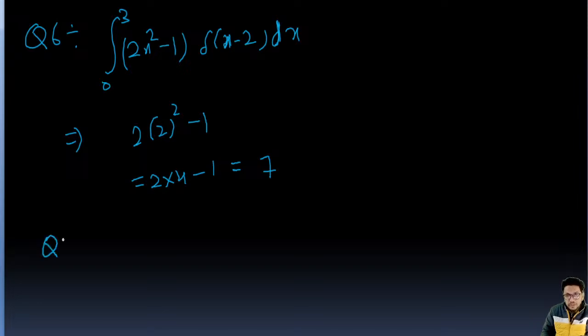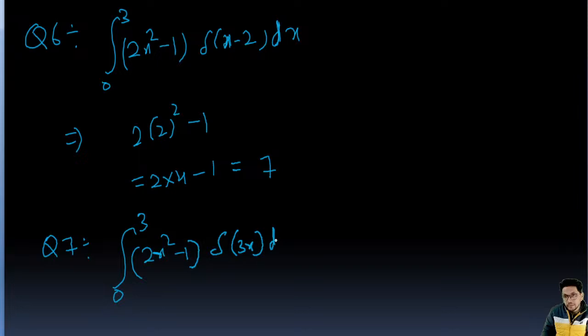Next question, question number 7. These are formula based questions just to practice Dirac delta's properties, okay. I'm solving these questions for you. Next is integral 0 to 3 of (2x square minus 1) delta(3x) dx, okay.